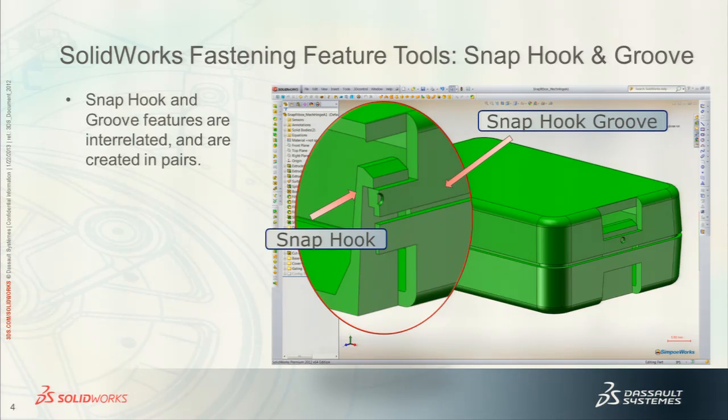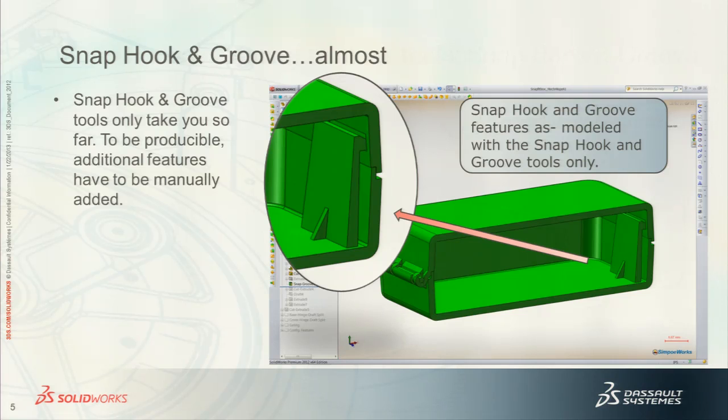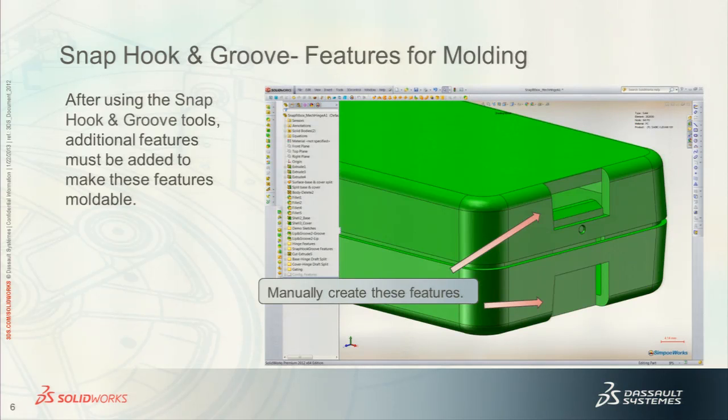One of the Fastening Features tools is the snap hook and groove. I'm sure you've seen a lot of snap fits in various types of consumer commodity packaging, and I will try to give you an idea on how to use some of these different tools.